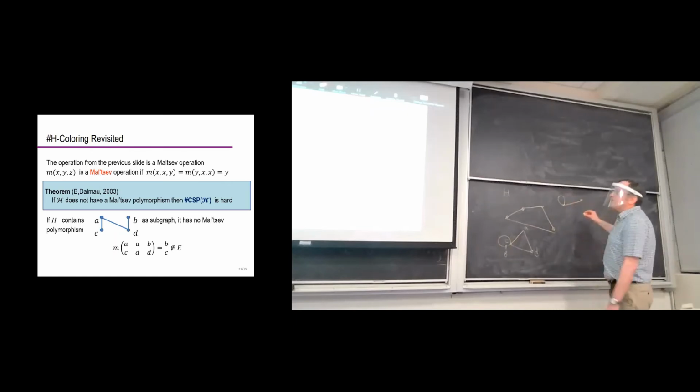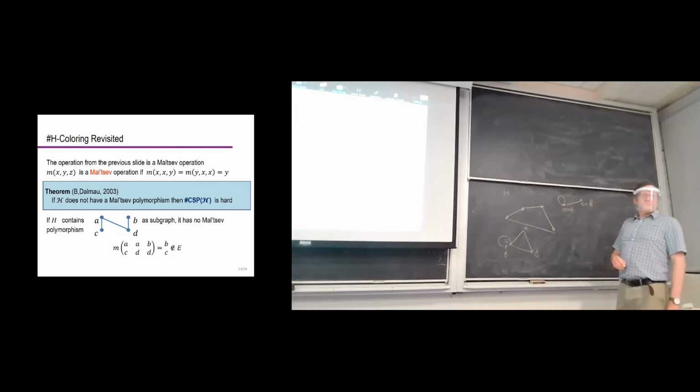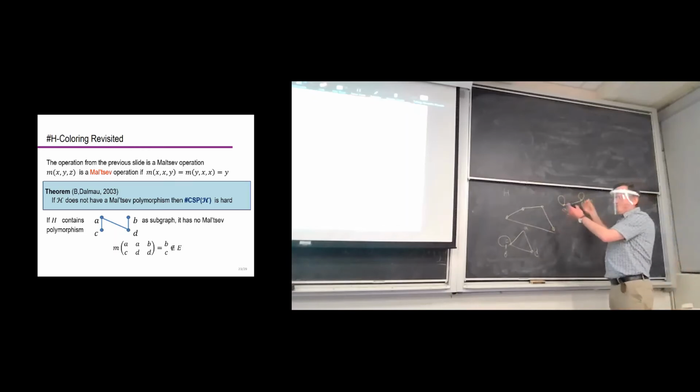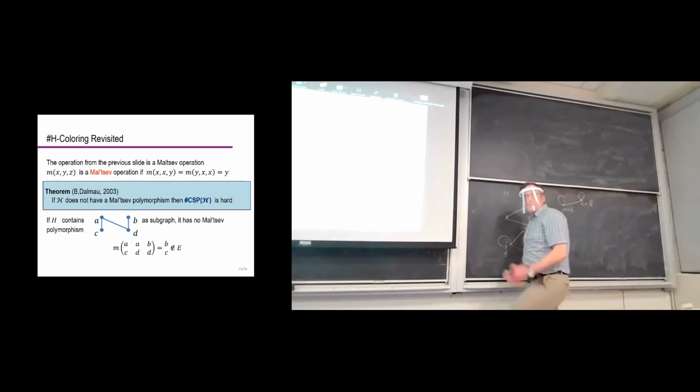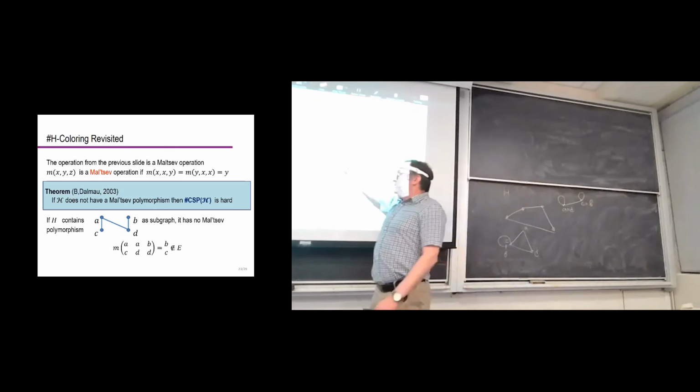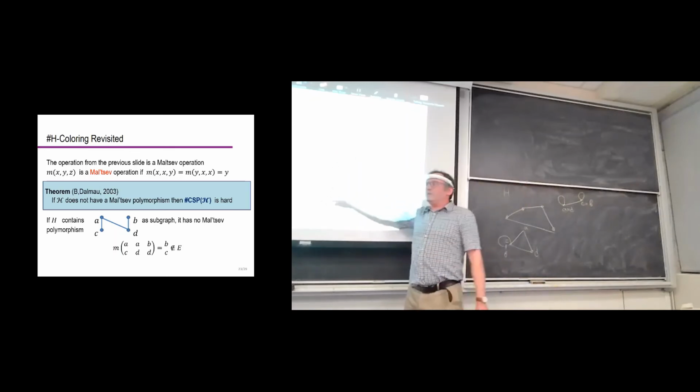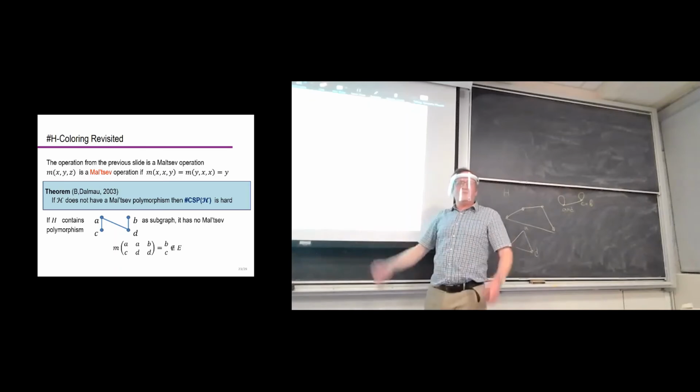Then I need to say this is C, this is A, this is D, and this is B. I have to have a loop here. That's it, right? So it has to be a complete graph with all loops. Then it's complete, with a similar kind of argument. So with all this machinery, proving something for graphs is totally easy.